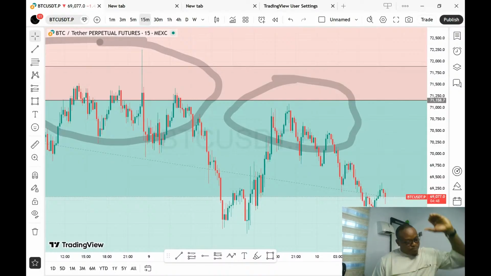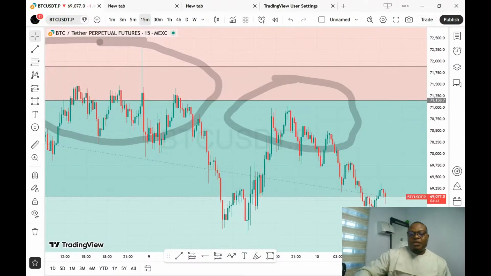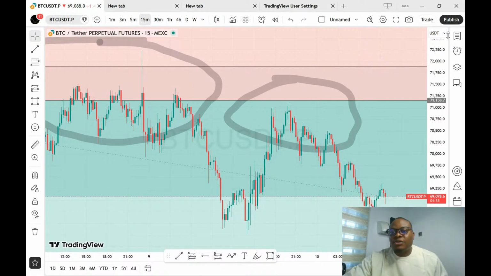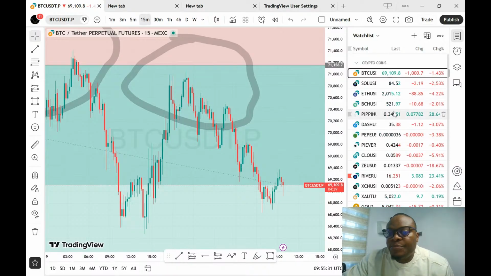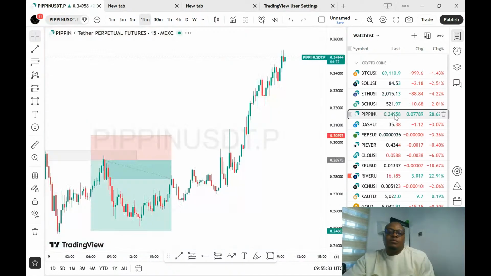A full candle must break through to make it more solid. If it's just a wick, let me show you what a wick does. Let me show you the side effect of a wick. Look at this coin.